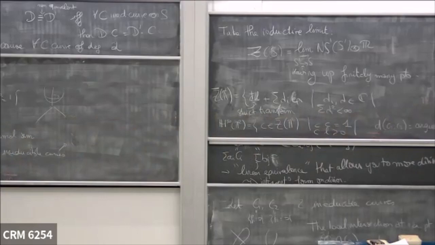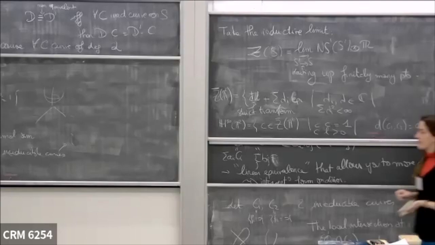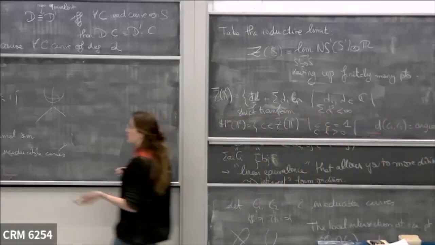So of course the line is inside, but if you take twice the class of the line and you blow up 3 points, this is also of self-intersection 1. Now I give integers, but you can do it with R. But this is nice because this is the one we will see just now.